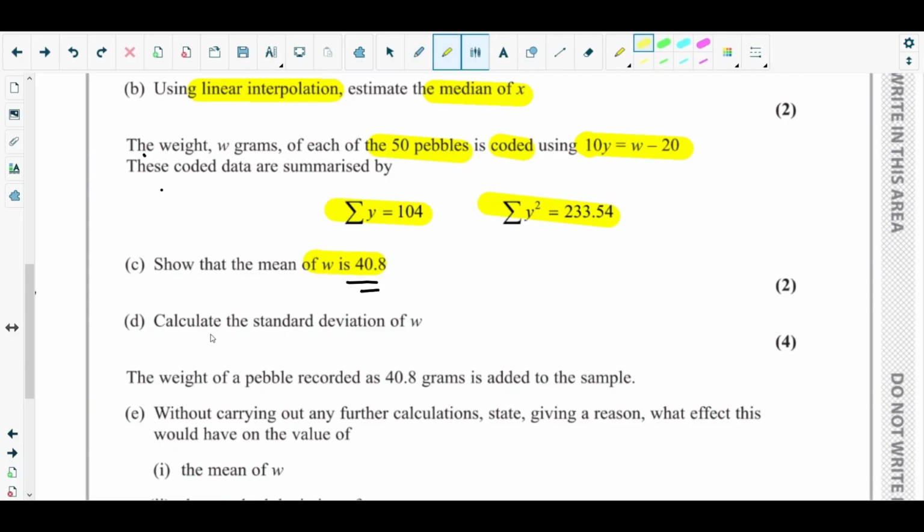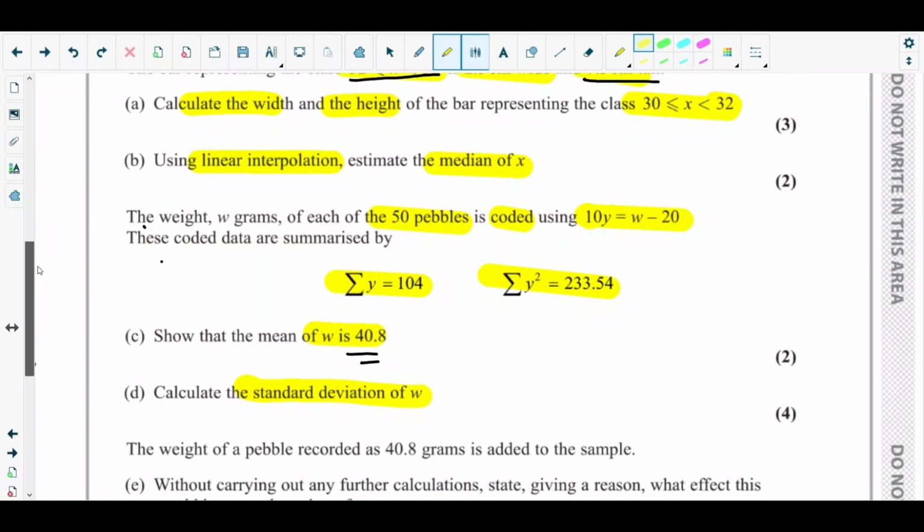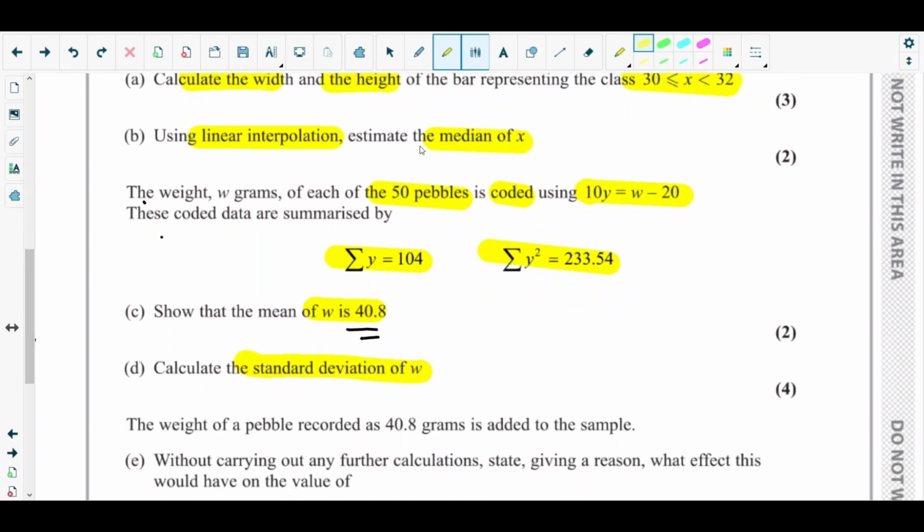Okay, part D, calculate the standard deviation of W. So the coding formula is 10y equals W minus 20. If you make W the subject, you will get W equals 10y plus 20. At first let's find out the variance of y.